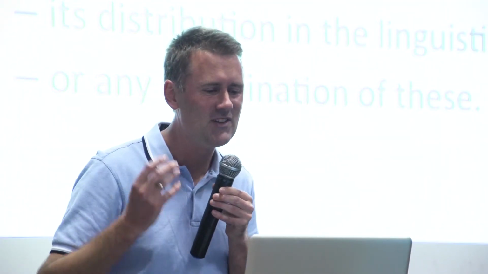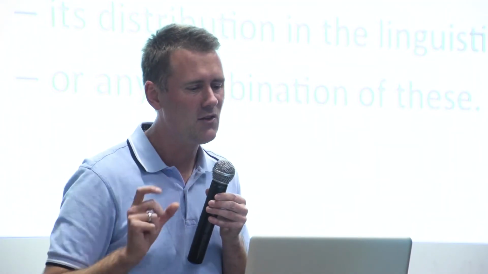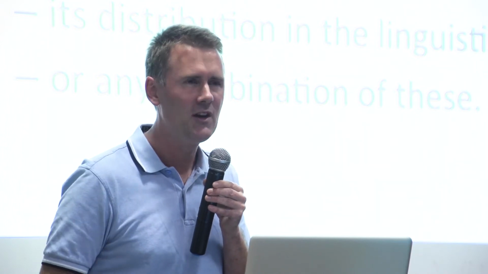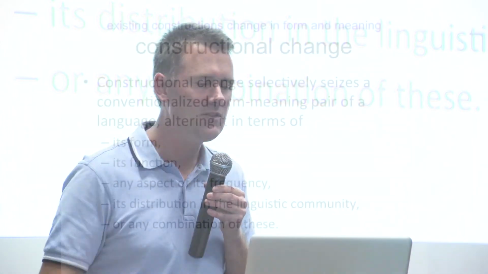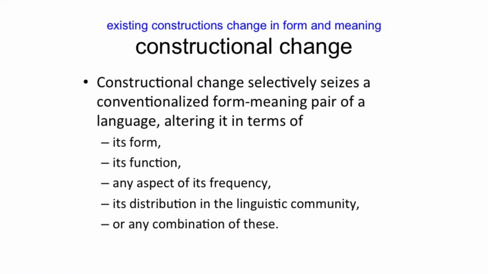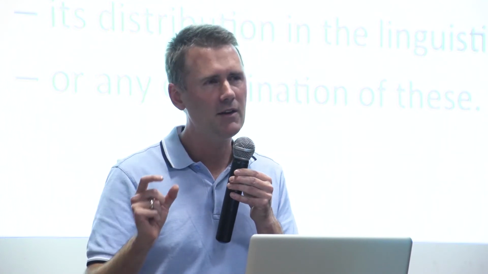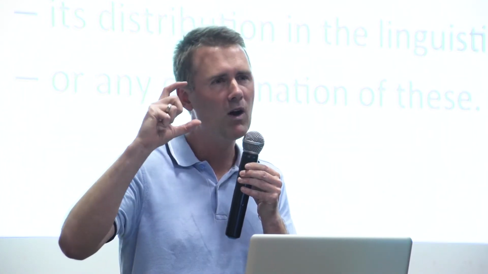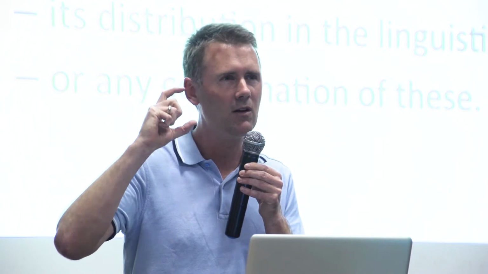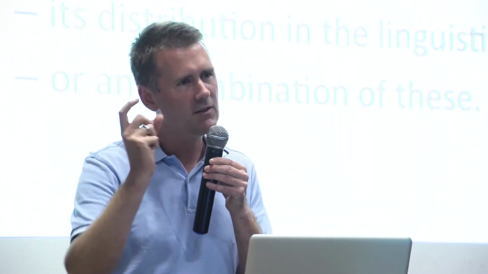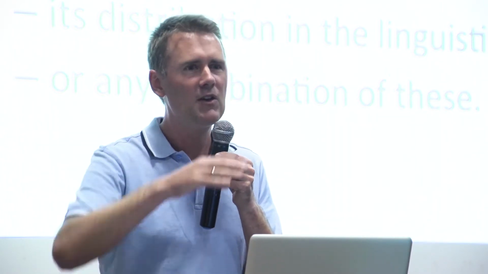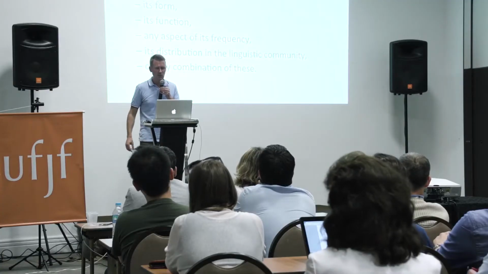So constructional change selectively seizes one conventionalized form-meaning pair of a language and then alters it in terms of either its form, its function, any aspect of its frequency, its distribution in the community of speakers, or indeed any combination of these. Yeah? So that is what can happen to a construction, and to the extent that it happens really just to one single form-meaning pair, we can say that this is constructional change rather than systemic change that affects the language as a whole.